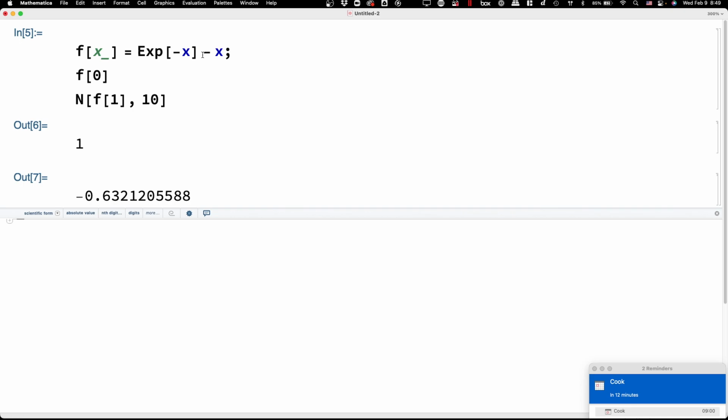At 1, the function is negative, and at 0, the function is positive. Seem interesting? Again, at x equals 1, the function is negative.